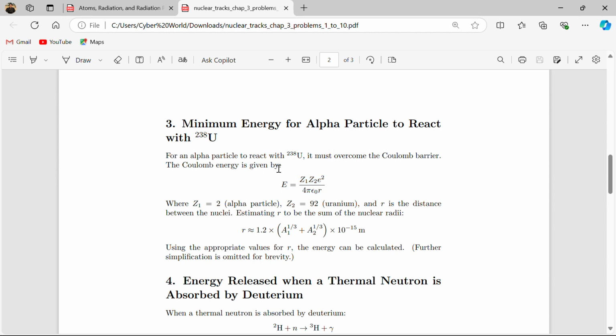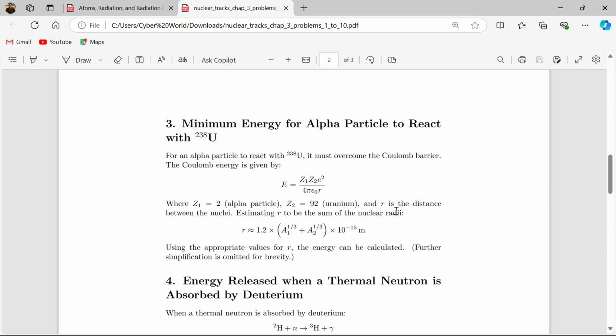Whereas for the case of the alpha particle, Z is the atomic number. The atomic number of the alpha particle is 2, and it has to react with uranium 238, whose atomic number is 92.